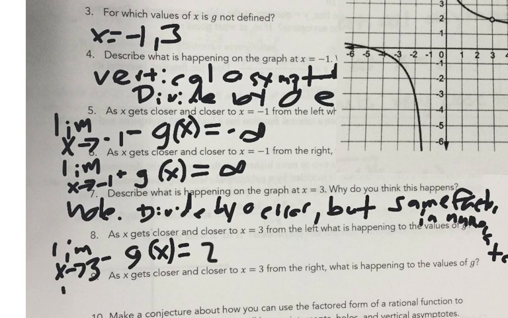Now what about as we approach it from the right? The limit as x approaches 3 from the right of g of x. As I get closer to 3 from the right, the y's are also going towards a y value of 2. That's where it agrees, right? We're approaching the same value from either side.